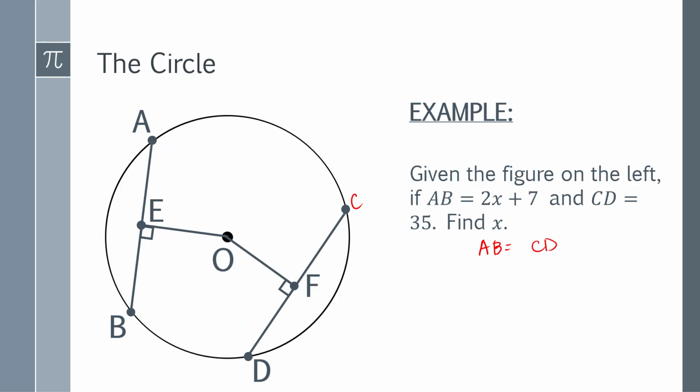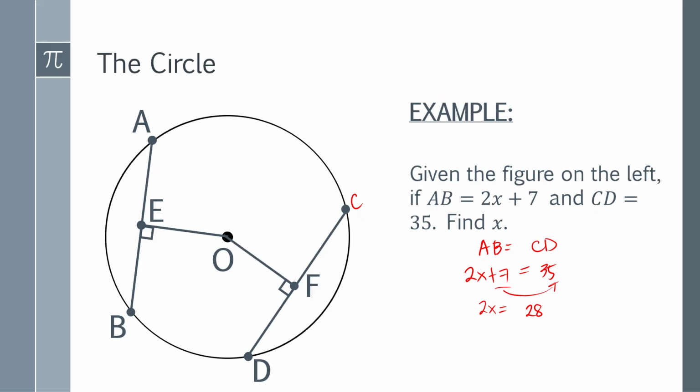AB here is 2x plus 7, which is equal to 35. Then you have to transpose to the other side. So 2x here is 35 minus 7, which is 28.